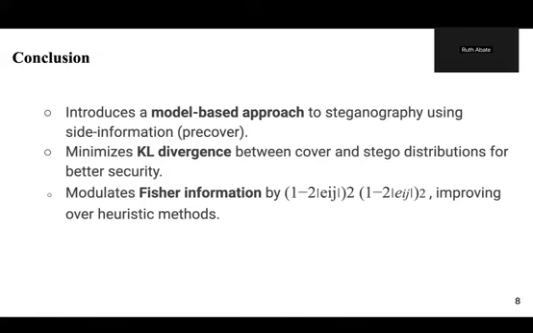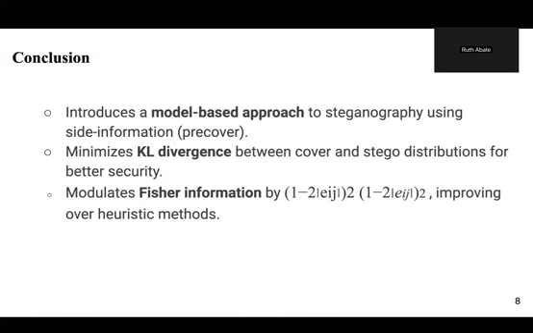Beyond these technical improvements, the significance of this research extends to the broader field of information security. As digital communication continues to evolve, so do the threats posed by adversaries attempting to intercept and detect hidden messages. Existing steganographic techniques must continuously adapt to counteract emerging detection methods.